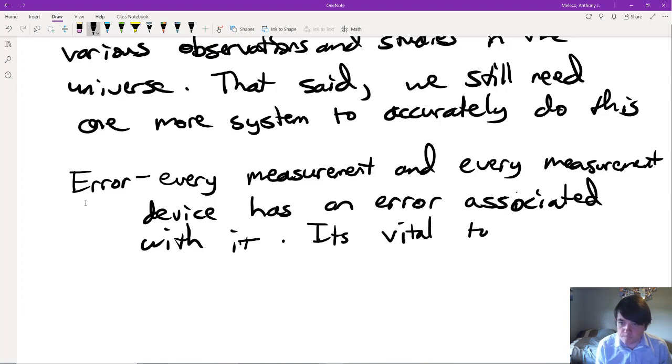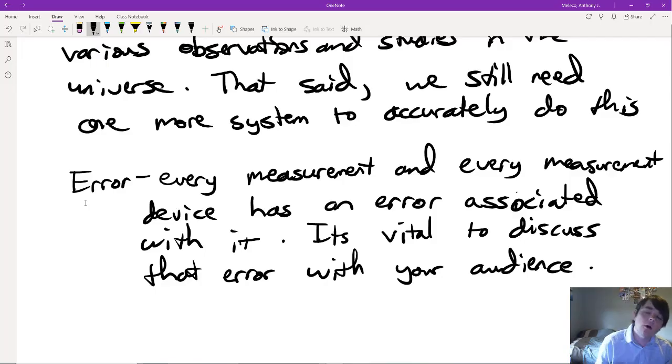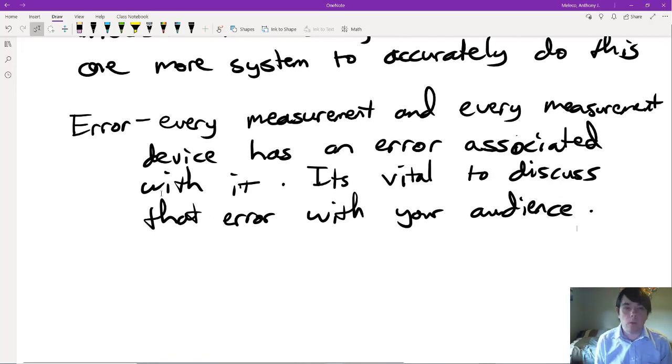It's vital to discuss that error with your audience, okay? Now I said we'll talk about this in the lab course. That's because in the lecture part of the course, what we're doing now, we do theoretical problems, right? But with the lab portion, you'll see we're making measurements, and so we need to discuss what our data means with error attached so that it actually means something, okay?